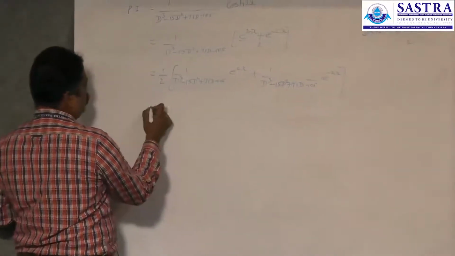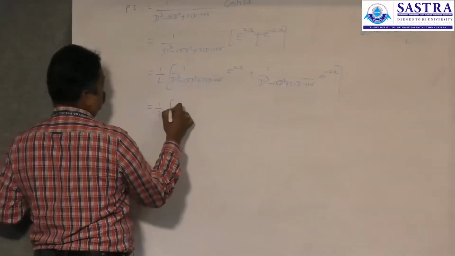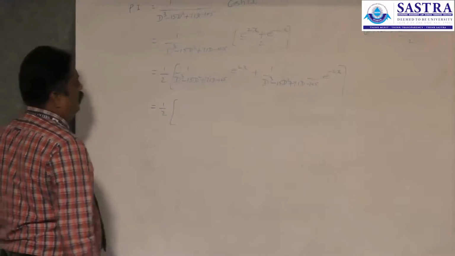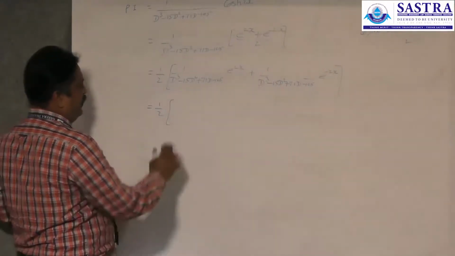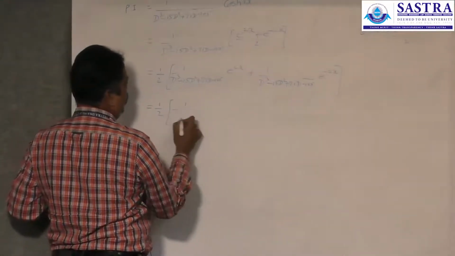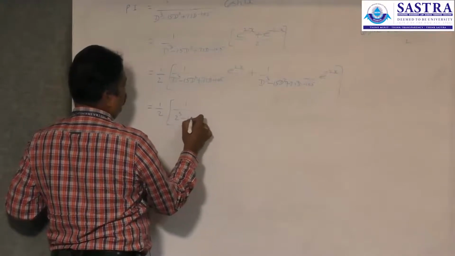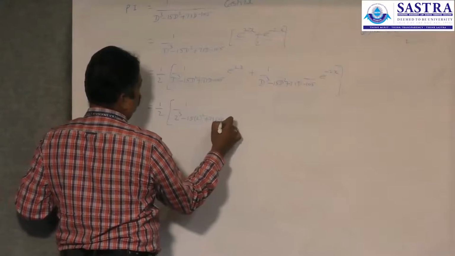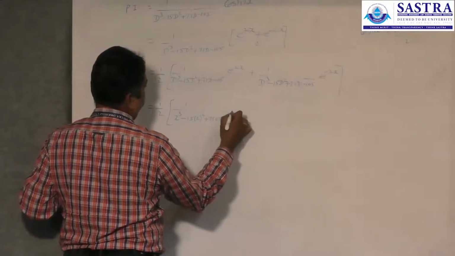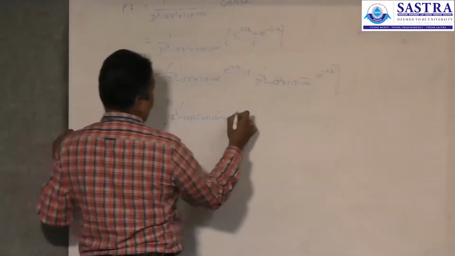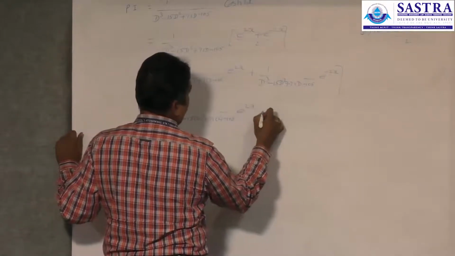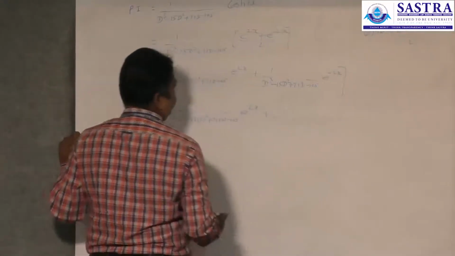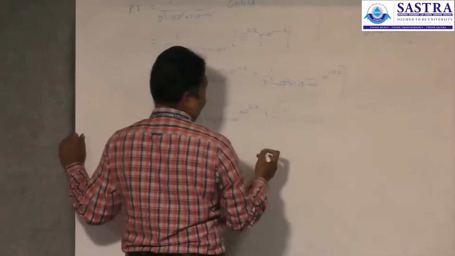Now this is equal to 1 by 2. Let us replace d by 2. We get 1 divided by 2 cube minus 15 into 2 square plus 71 into 2 minus 105 into e power 2x, plus 1 divided by, d is replaced by minus 2.